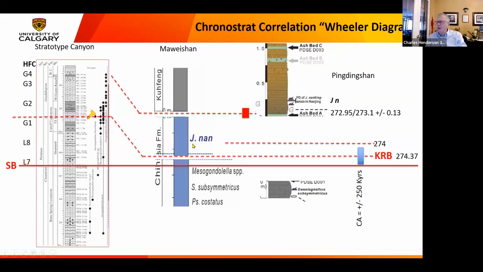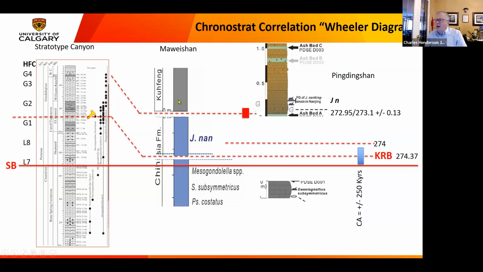And whoops, sorry. And here we see the same thing at this particular location in here, the L7 and L8 in the Shumard. There's G1, there's G2, and then G3. Not sure we can truly discern G4 in that column there.